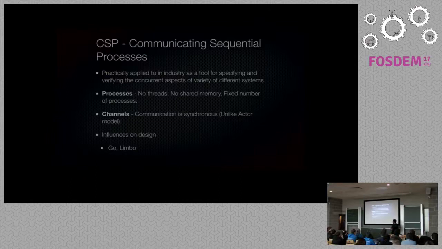There are processes and there are channels. So there are no threads. There is no shared memory, and a fixed number of processes are there, and the processes communicate with channels. Languages like Go and Limbo implement CSP. In Go we have goroutines, which are processes, and channels. Goroutines talk with each other with the help of channels.